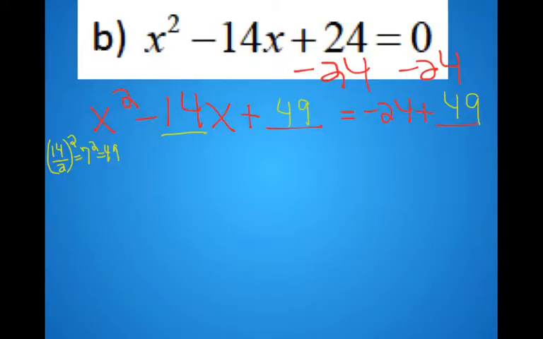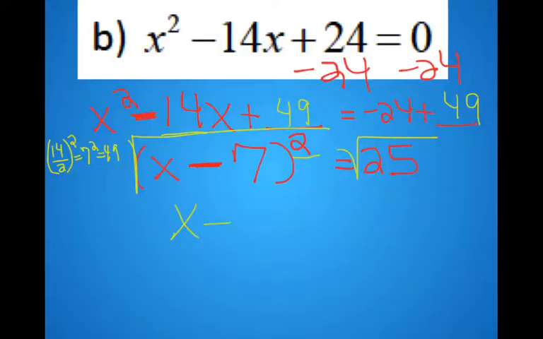And then on the left hand side, this factors amazingly well. It's always going to be x plus or x minus. In this case, this is a minus sign, so x minus 7 squared. On the right hand side, that's going to be 25. And now we're trying to solve for x, so we're going to get rid of the squared by taking the square root. So that's going to be x minus 7 equals plus and minus 5, and then we're going to add that 7 over.